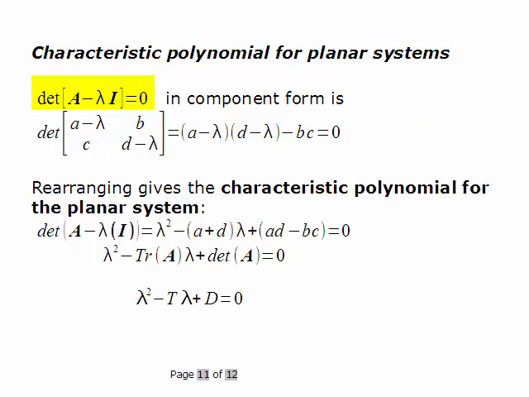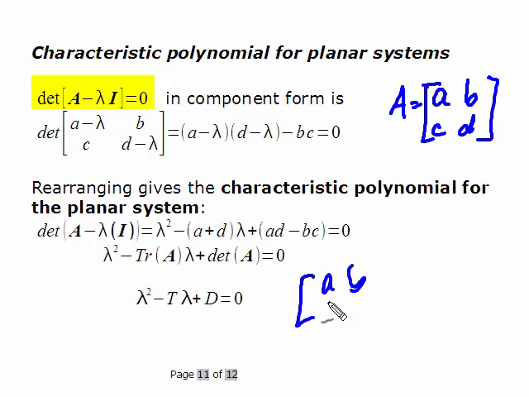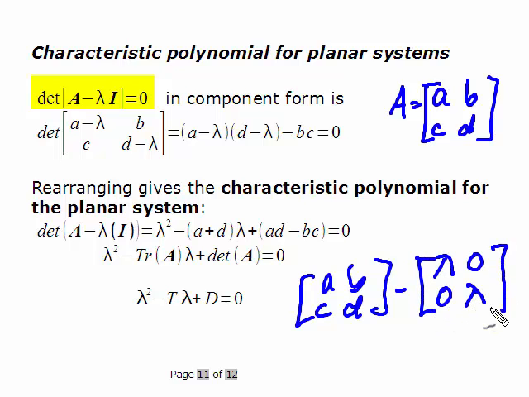Remember that A was just the coefficient matrix A, B, C, D. So we'll have A, B, C, D here, minus lambda times the identity matrix, which puts the eigenvalues right on the diagonal. And when we subtract these, here's what we get. We take the determinant, and we'll have A minus lambda times D minus lambda minus BC, and that will have to all be 0.